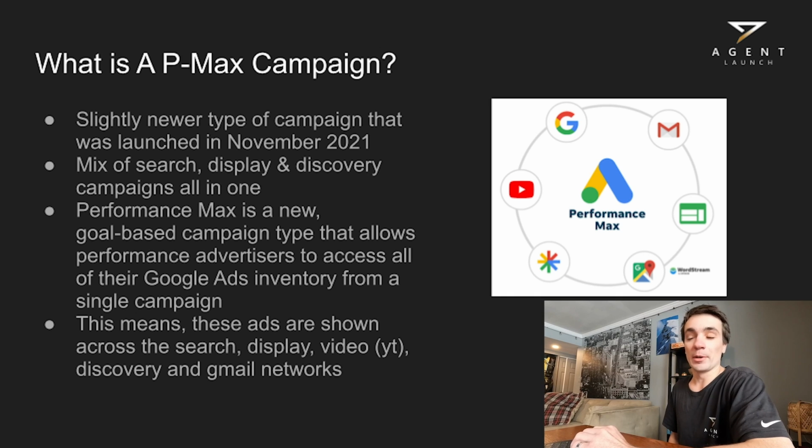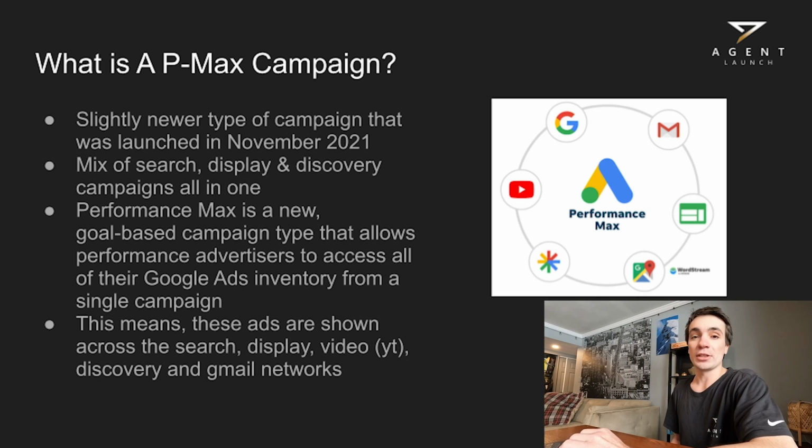So I'm going to start talking about what a Performance Max campaign is. Essentially, this is a newer type of campaign that was launched in November 2021, and you can think of it as an upgraded version of a discovery campaign. Unlike a search campaign where you give keywords and you have headlines and descriptions, and unlike a display campaign where you have the same thing but you add photos, what you build within one of these is an asset group, unlike an ad group.